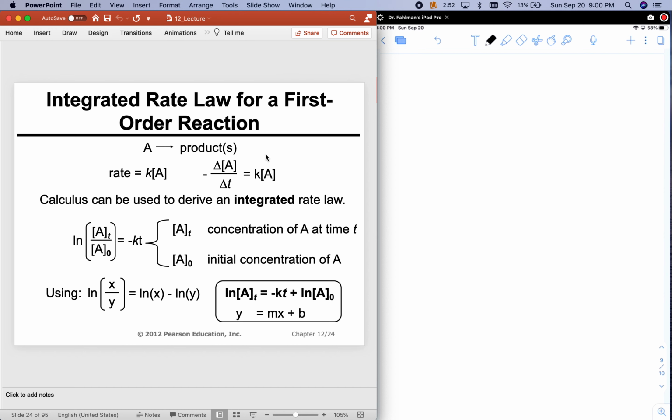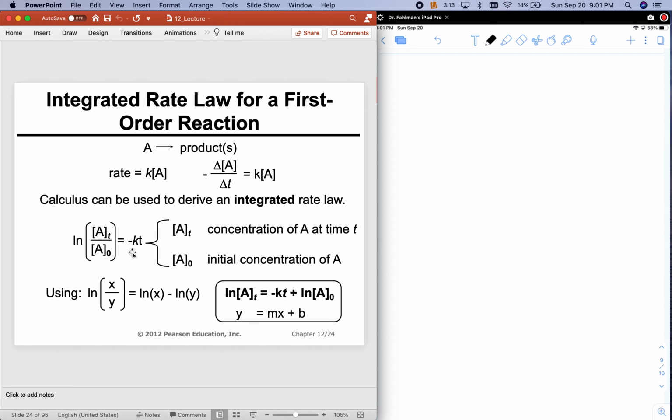What we can do with this form is integrate both sides, from some initial concentration to some concentration at time t, and we get this form, which is called the integrated rate law.